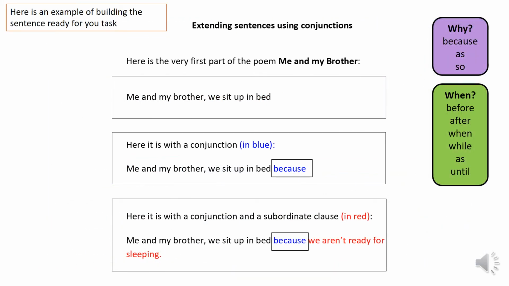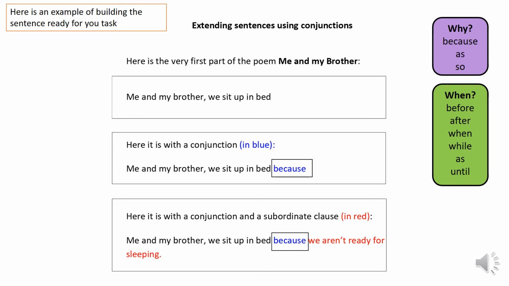Now that you've had a little bit of practice on the previous slides, I'm just going to show you for the final time how to build a sentence so that you are ready for your final task. So I've got a very simple sentence to begin with. Me and my brother, we sit up in bed. And this sentence was taken from the first part of the poem, Me and My Brother.